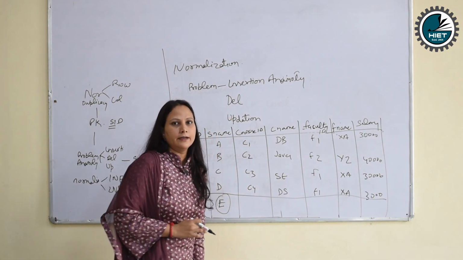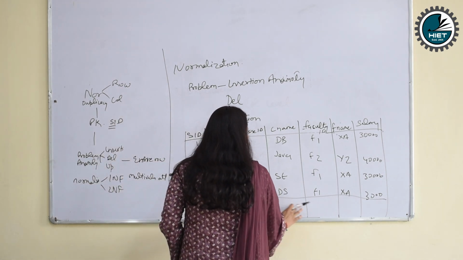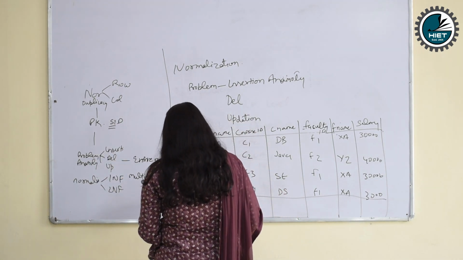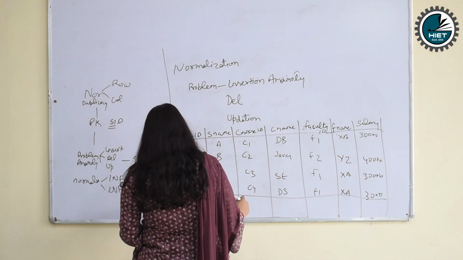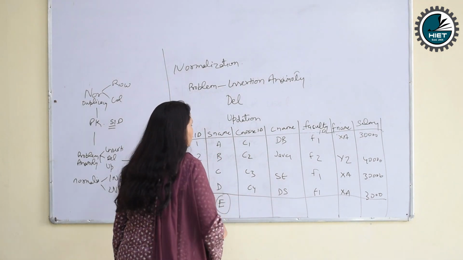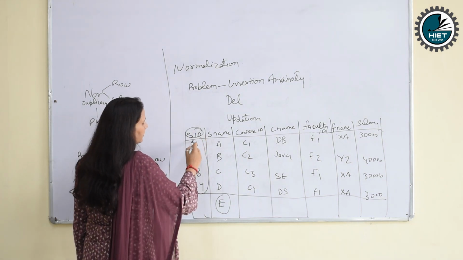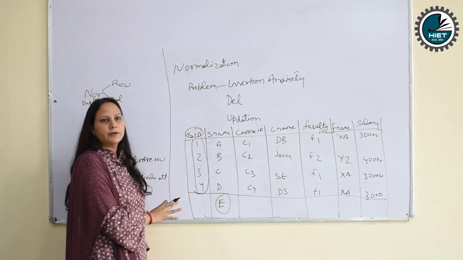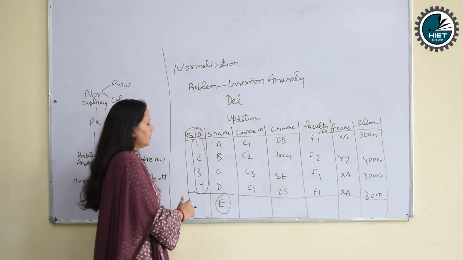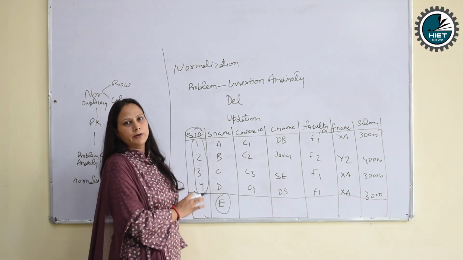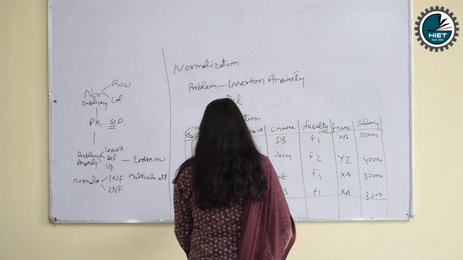Data is inserted, but we are facing a problem. The problem is that the 4 students' data is already in the table, and it is very difficult to enter new data. It will affect the whole table.